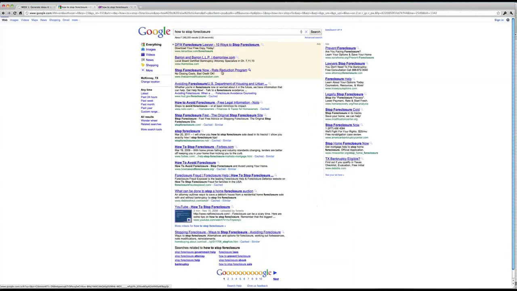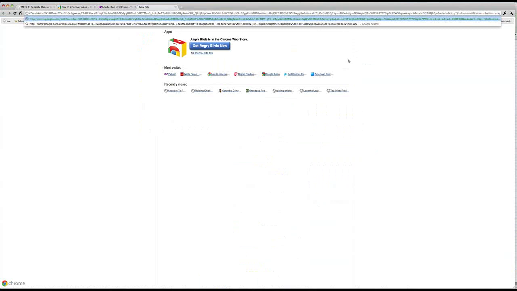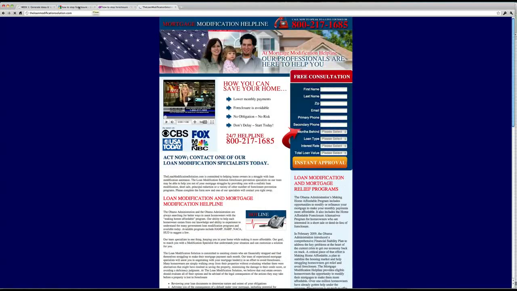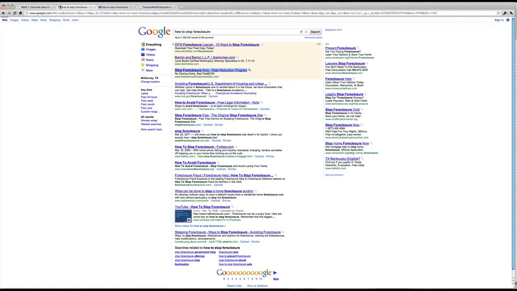And if I come over here, let's just look here, loan modification. We're going to copy the link address, and we'll pull out the pay-per-click, and we'll just go to the site, the loan modification program. All right, and let's come here. Let's do this a little easier. Barron Law.